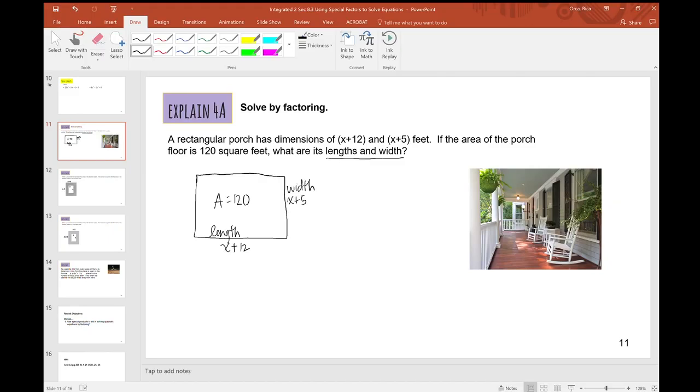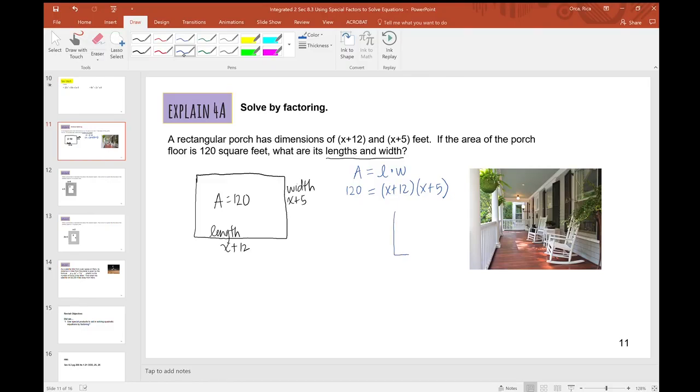So now that we have everything labeled, let's come up with an equation and solve for x. Back in elementary school, you learned that the area of a rectangle is length times width. Now let's fill this in. Our area is 120, the length is x plus 12, and the width is x plus 5. So now we need to multiply x plus 12 and x plus 5.